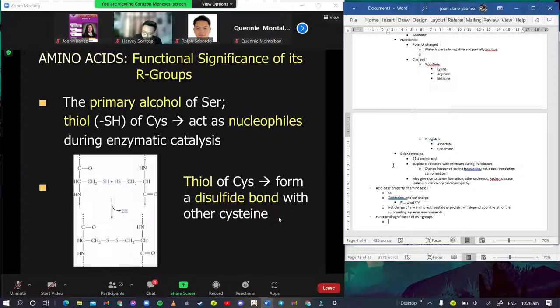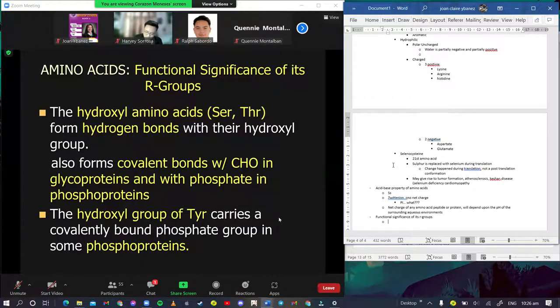Okay. Then I mentioned the thiol groups of cysteine coming together to form your disulfide bond. I also mentioned already the OH of serine and threonine forming hydrogen bonds. Then covalent bonds can happen with carbohydrates to form glycoproteins, or with phosphate to form phosphoproteins.